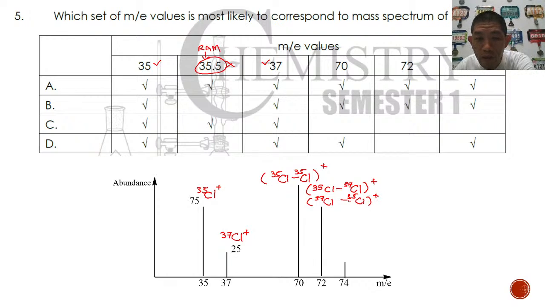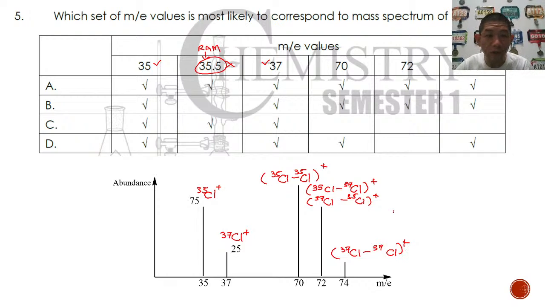These are the 2 possible orientations of the structure that makes this peak in the mass spectrum. And finally, m over e 74 is made of 37Cl, 37Cl. So this is the mass spectrum for chlorine.